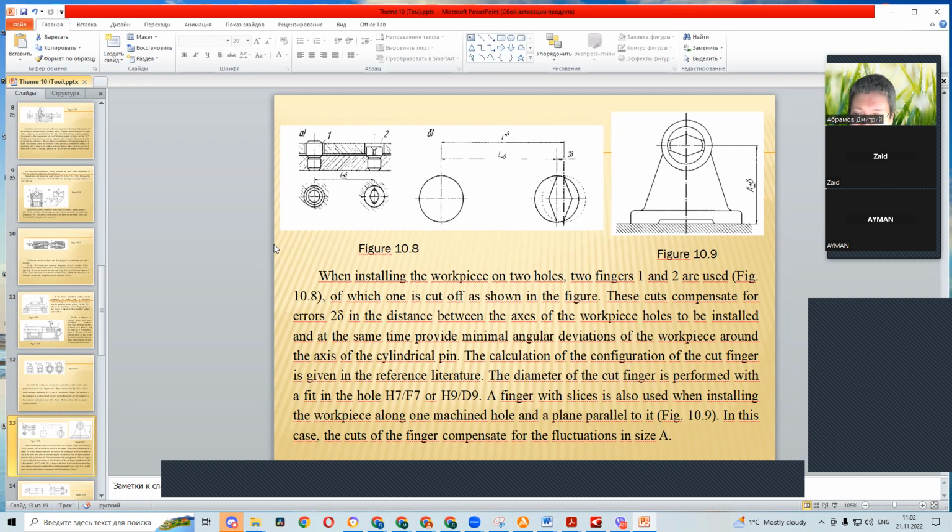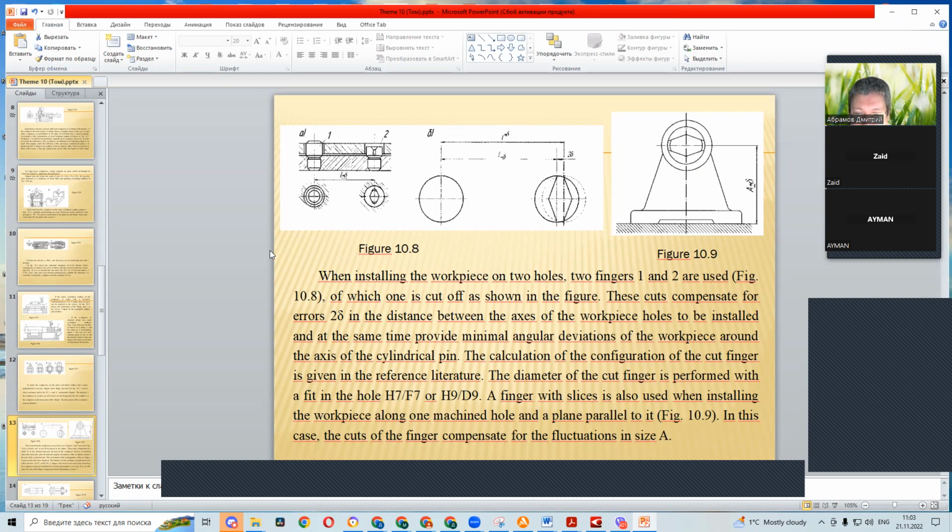These cuts compensate for errors delta in the distance between the axes of the workpiece holes to be installed and at the same time provide minimal angular deviations of the workpiece around the axis of the cylindrical pin. The calculation of the configuration of the cut finger is given in the reference literature.